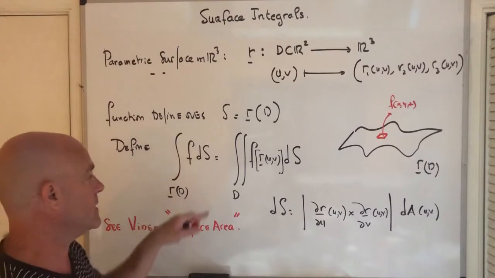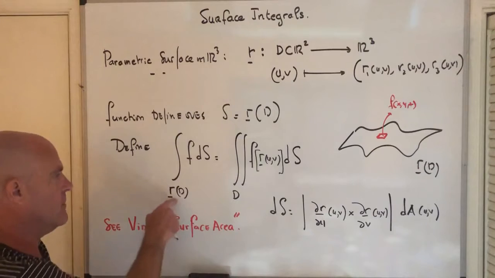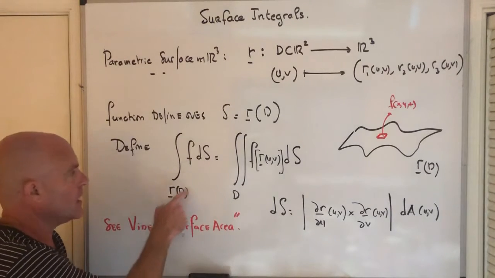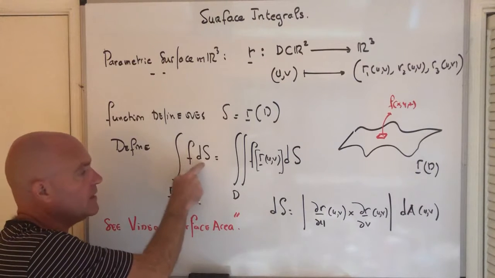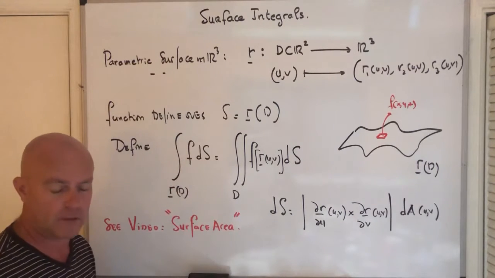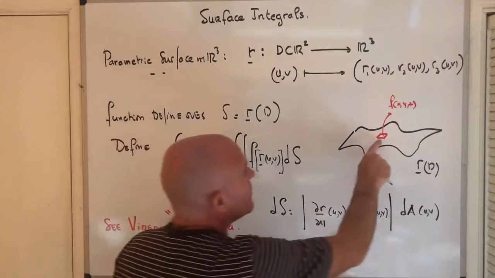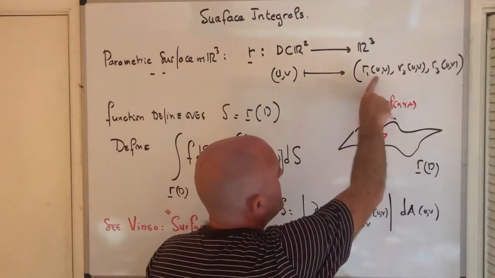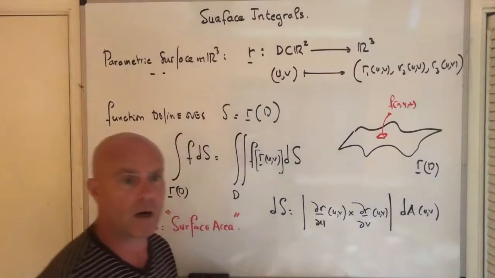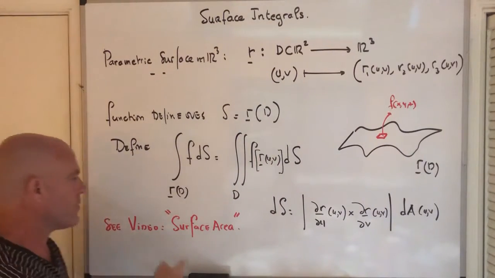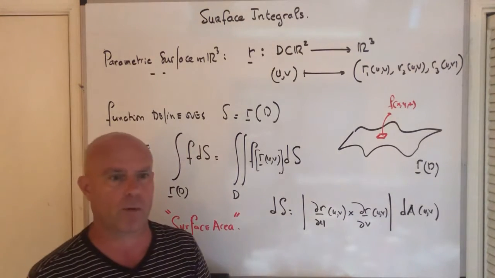I sum over the range of this parameterization, that is my surface, the scalar function f multiplied by this infinitesimal area, which tells me, when I consider an infinitesimal change of u and an infinitesimal change of v, what sort of area do I generate? Remember, everything is explained in the video, at least from a heuristic point of view.